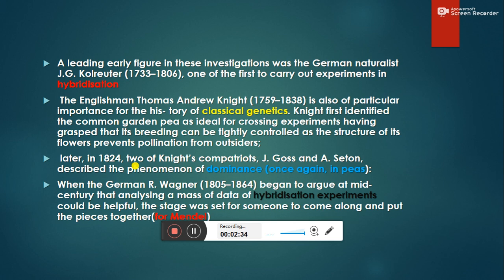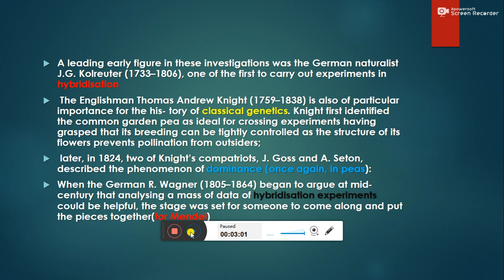Next, the Englishman Thomas Andrew Knight, 1759 to 1838, is also of particular importance for the history of classical genetics. Knight first identified the common garden pea as ideal for crossing experiments, having grasped that its breeding can be tightly controlled, as the structure of its flower prevents pollination from outside.